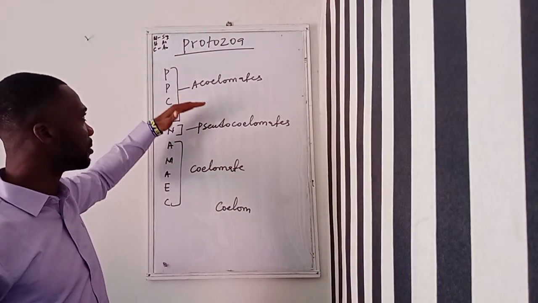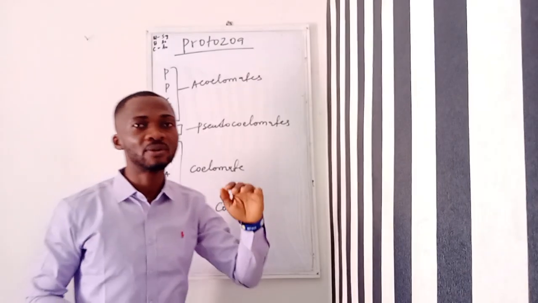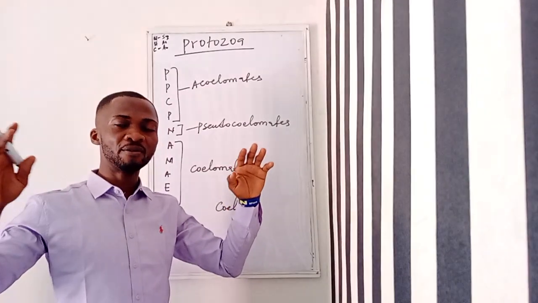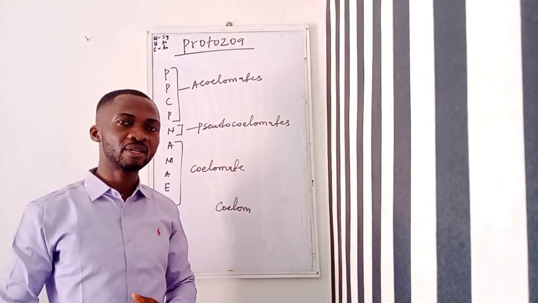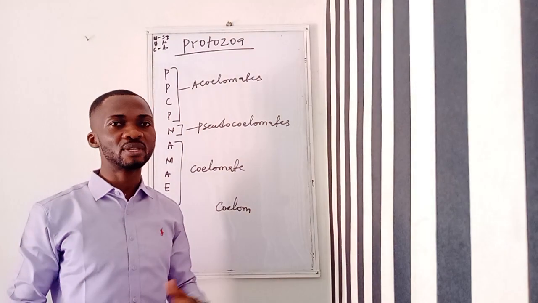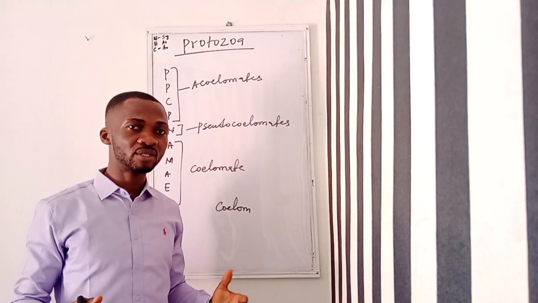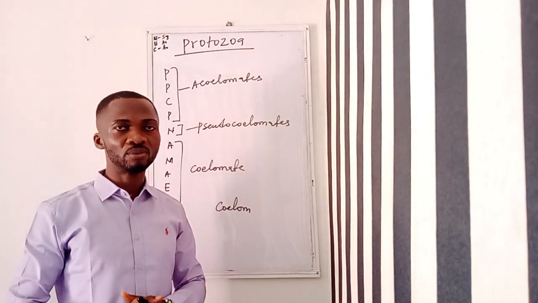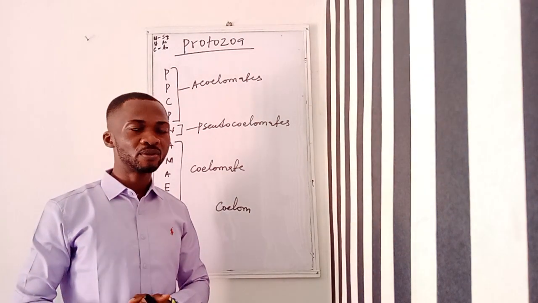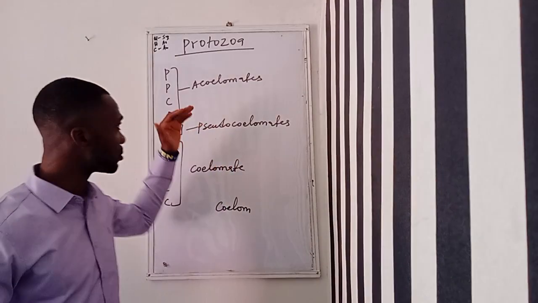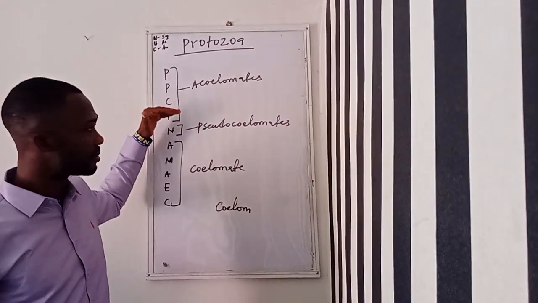But for these non-coelomates, this group of animals are not very much complex, and of course they also possess less complex structures or organs, and as a result of that do not need a coelom for anything. So that is why there is no coelom in this group from protozoa down to platyhelminthes.